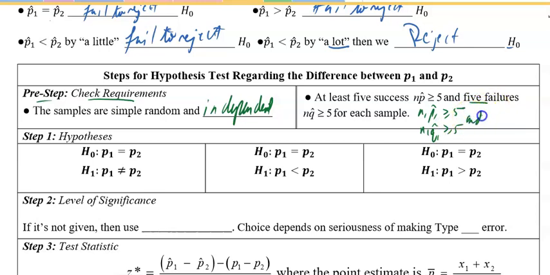Also, you want N2 P2 hat to be bigger than or equal to 5, and N2 Q2 hat to be bigger than or equal to 5.